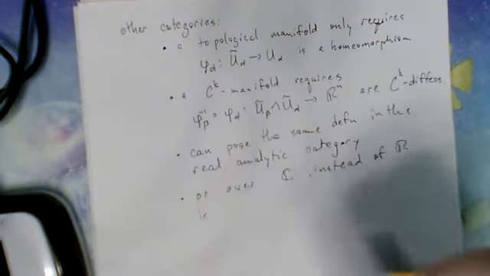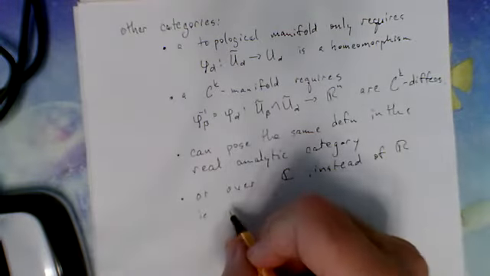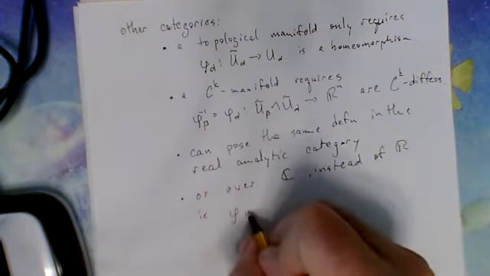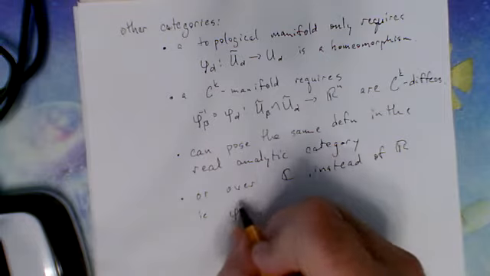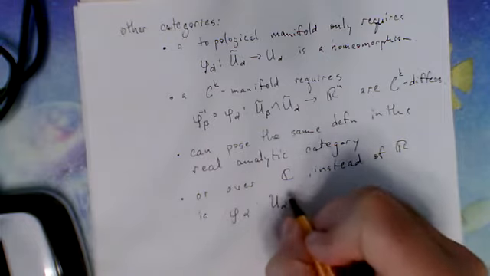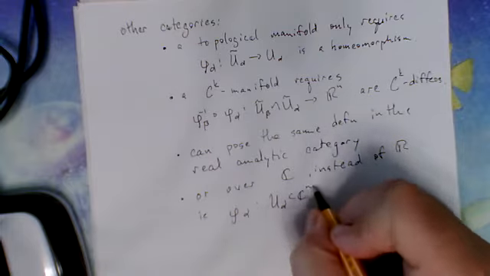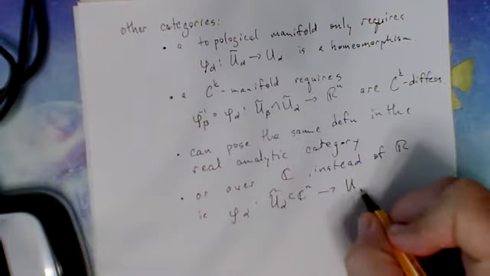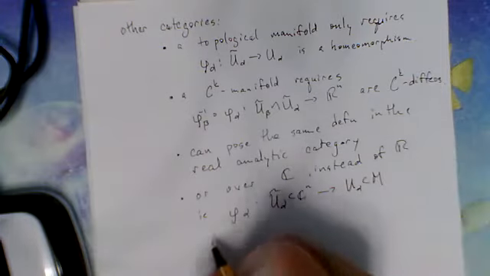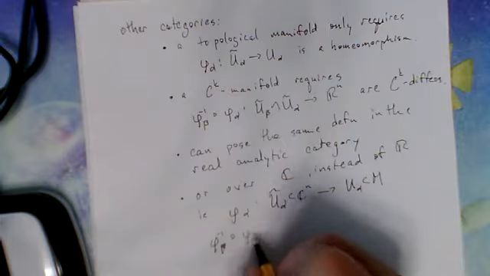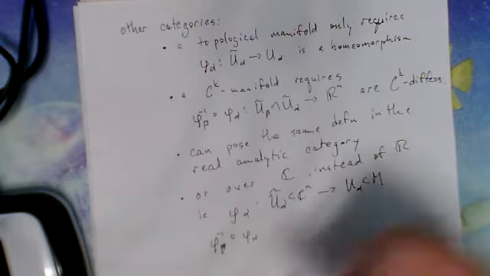This means that your transition functions, your coordinate functions, are now required to have complex derivatives.